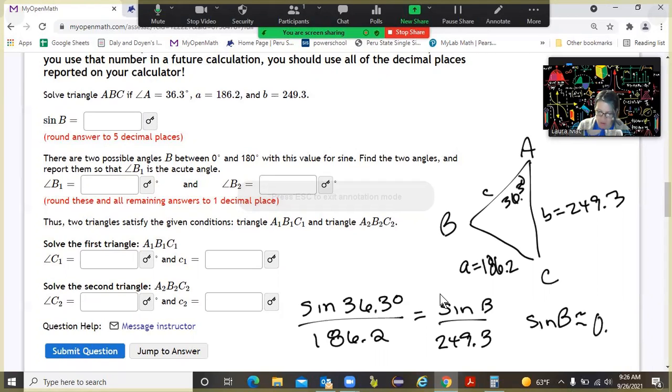So we get about 0.79 here. Actually it says make sure you round that part. You see how this one's giving it to you in pieces. It will be 5 decimals.